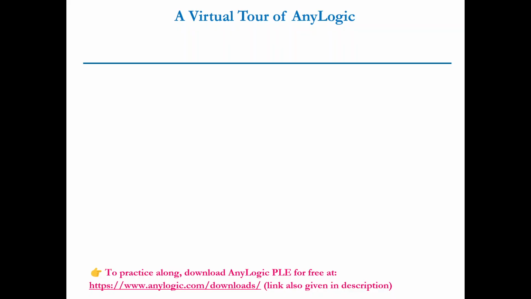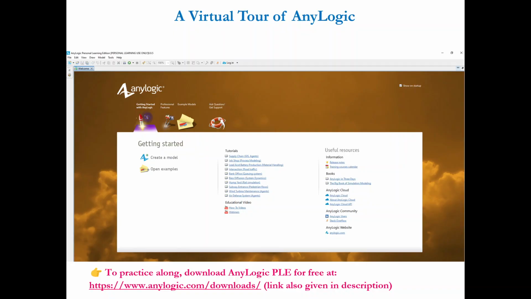Once you are done, you will open AnyLogic PLE, and you will come across a window like this. This is the interface that you are going to see when you install AnyLogic.